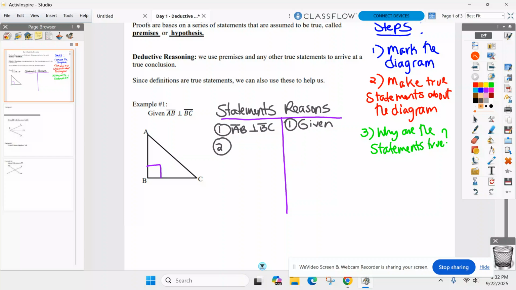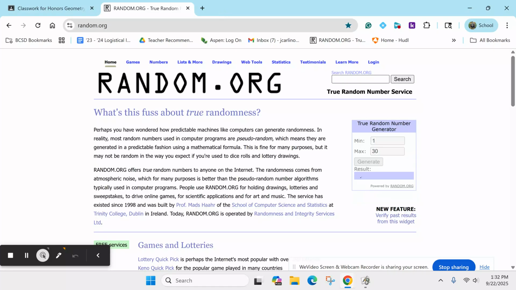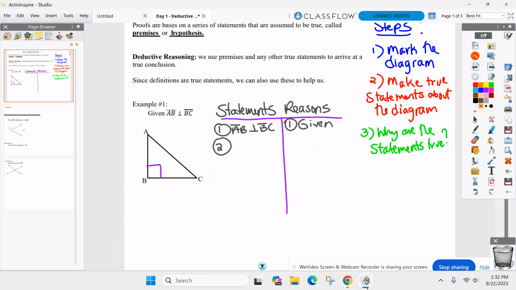What did you just mark on the diagram? Because I need that marking to go here, but in symbolic notation, in words now. What did we just mark on this diagram here? Carter, what did we just mark? The angle ABC is 90 degrees. Okay, angle ABC. I don't like to write equals 90 degrees.